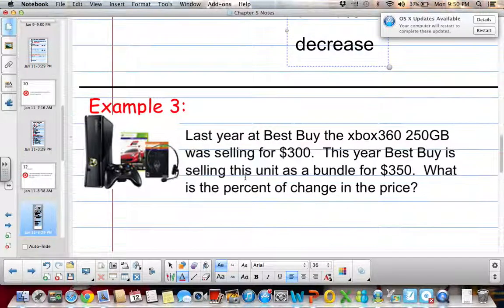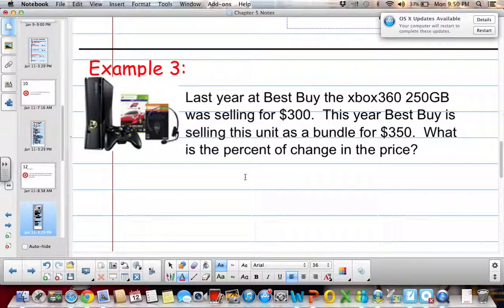Okay? Last year at Best Buy, the Xbox 360 250 gigabytes was selling for $300. This year, Best Buy is selling this unit as a bundle for $350. What is the percent of change in the price? So we know that we're going to take the difference of the two. So 350 minus 300 is 50. And then we have our original amount because it started at 300.